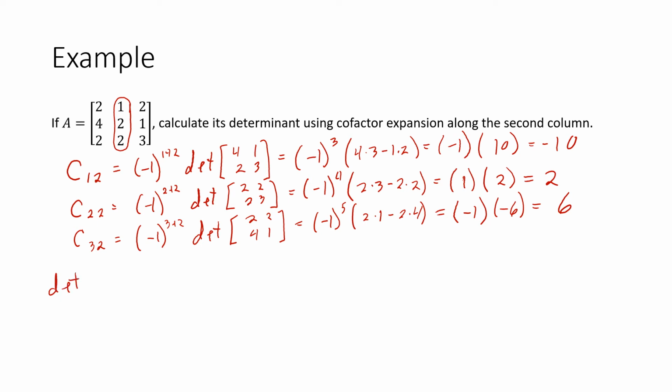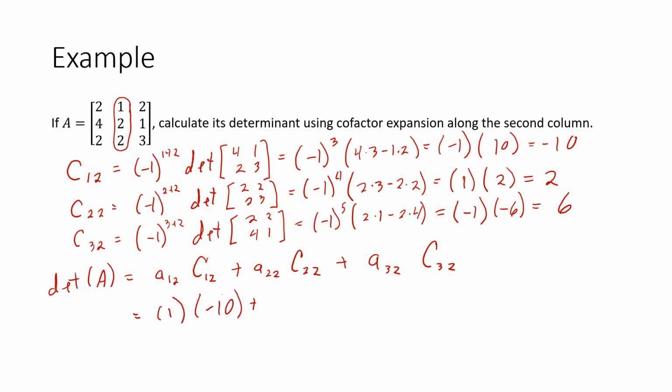The determinant of A is the cofactor expansion. So that was A12 times C12 plus A22 times C22 plus A32 times C32. That's just using the definition of a determinant. What do we have? A12 is equal to 1, C12 is negative 10, plus 2 times 2, plus 2 times 6.